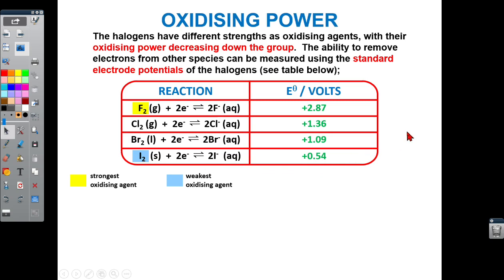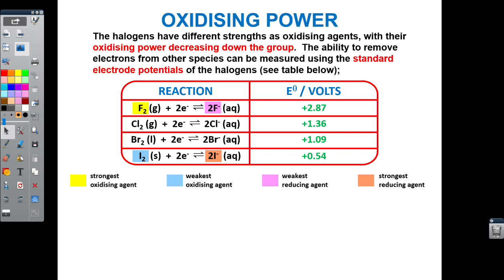And so if we think about it in another way, fluoride ions are hopeless reducing agents. To reduce something, you've got to provide that species with electrons. Remember, reduction is gain of electrons. And so fluoride ions are hopeless reducing agents. They are not going to give up electrons and give them away to anything else. On the other hand, iodide ions are not too bad at reducing other species.